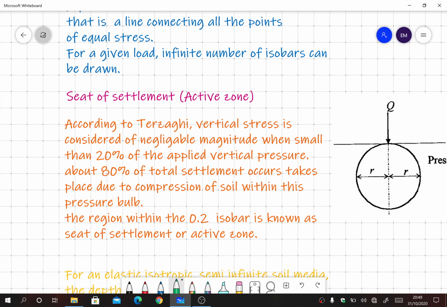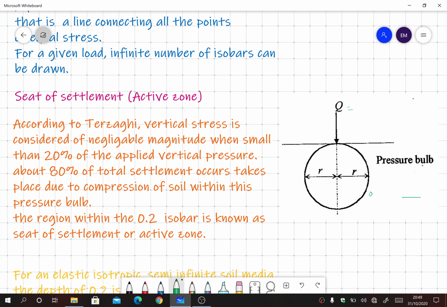Then we have a definition that is called the seat of settlement, or active zone. According to Terzaghi, vertical stress is considered of negligible magnitude when it reaches 20% of the applied vertical pressure. So this means, if this is the stress on the top, then on a pressure bulb of 0.2 sigma naught or 0.2 Q, the intensity is reduced by 80%.